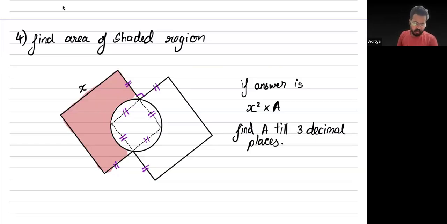Mohit, try again, not correct. Aryaman, not correct. Sumit, not correct. The answer will be less than 1. I don't know how you are getting greater than 1.